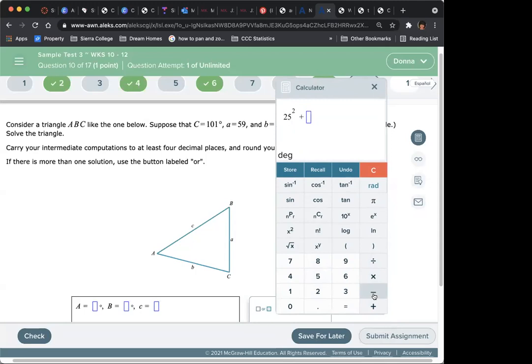Oh, you know what? I better keep that 68.3 to 4 decimal places. Otherwise, I'm going to get it wrong. So I'm going to write that down, 68.3293.